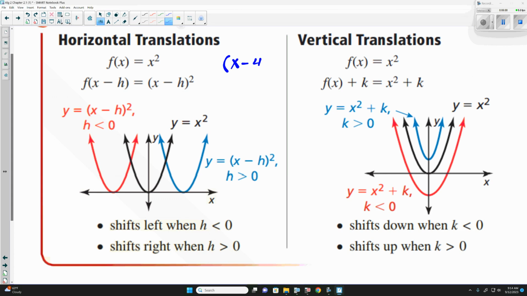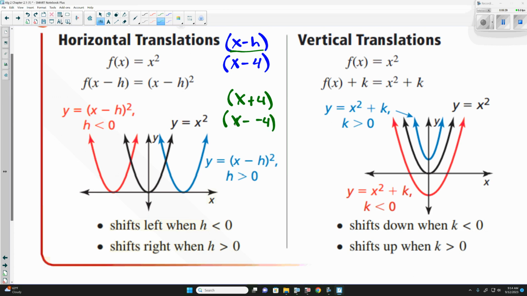Because if we had x minus 4, well, the general form is x minus h. The x is the same, the minus is the same, which really means that the value of h is positive 4. So it would move right 4. However, if we had x plus 4, the general form is x minus h, so really this is saying we have x minus negative 4.